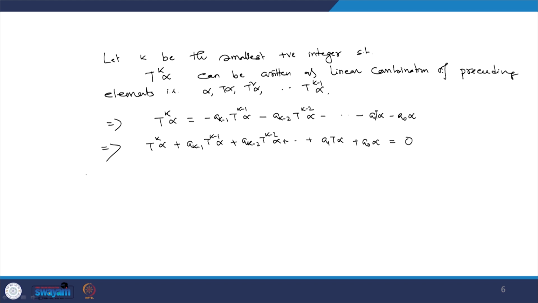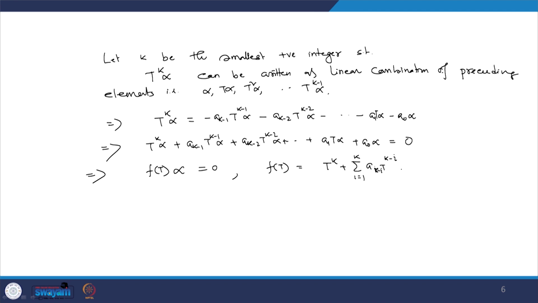So, this implies that if I consider f(t) alpha equal to 0, where f(t) equals t to the power k plus the sum of a_i t^{k-i}, i equal to 1 to k.